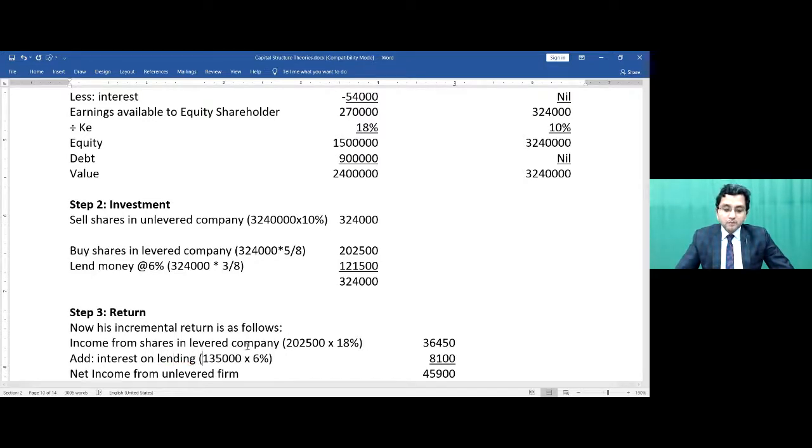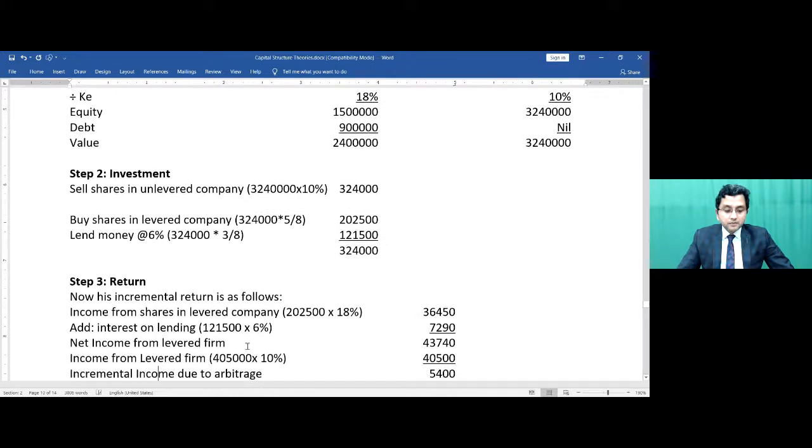So my lending of money is 1,21,500, and on 1,21,500 I will earn 6% interest. That is 7,290, and 7,290 plus 36,450 is 43,740. Just check this calculation for any errors. So my net income from levered firm is 43,740.